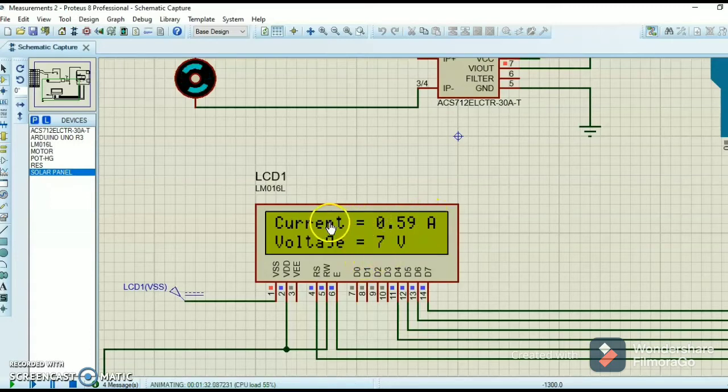The previous one is 0.81 ampere. The voltage is 7 volt and the power is 2 watt. This shows that the amount of solar energy absorbed in simulation depends on the changes value in potentiometer.